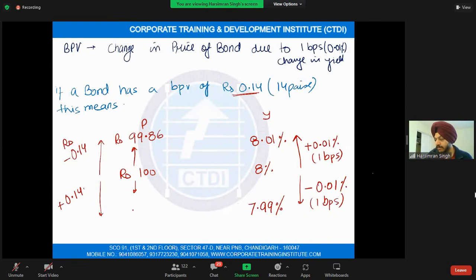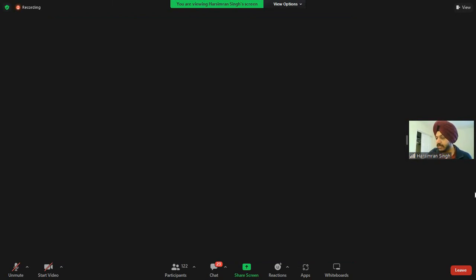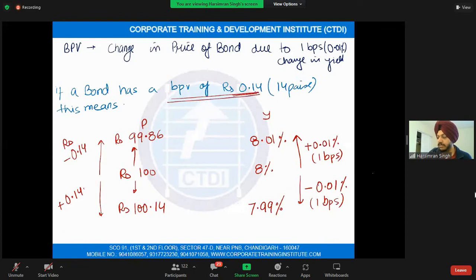The price will become rupees 100.14. Do you understand this? This was the simple answer I was looking for from you. Nothing more than that. Now do you understand what is the meaning of this line? BPV of a bond is 14 paisa.